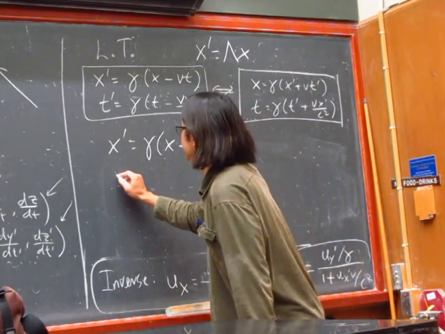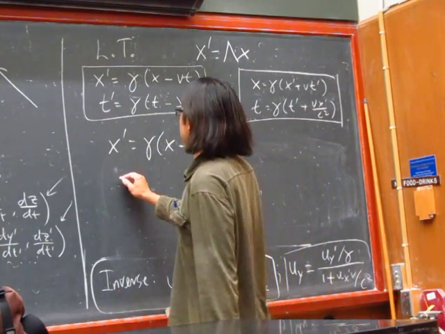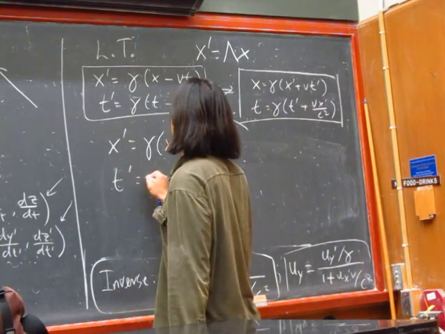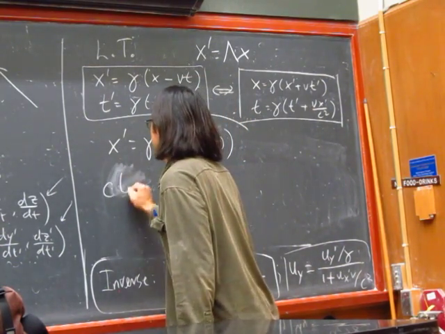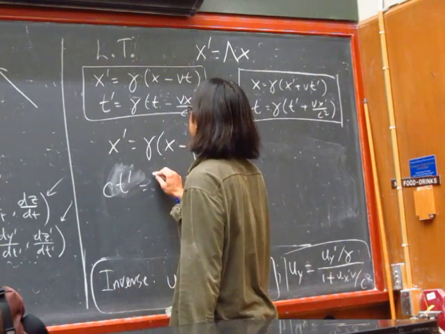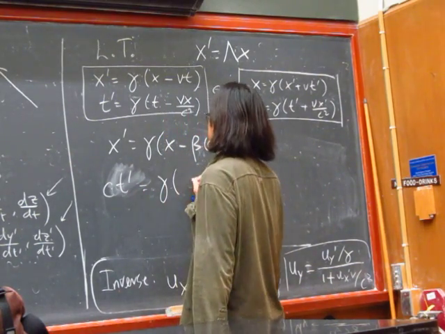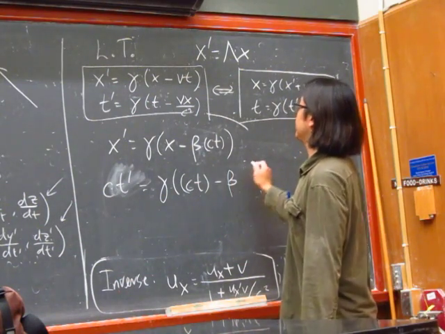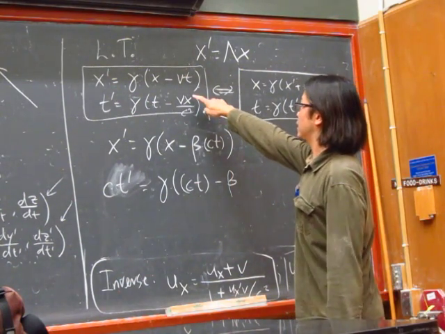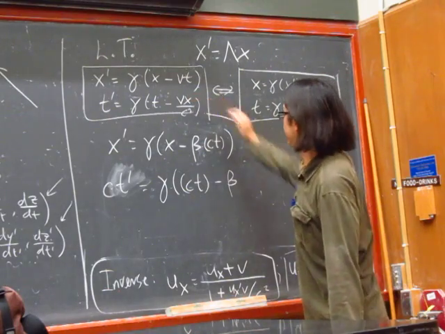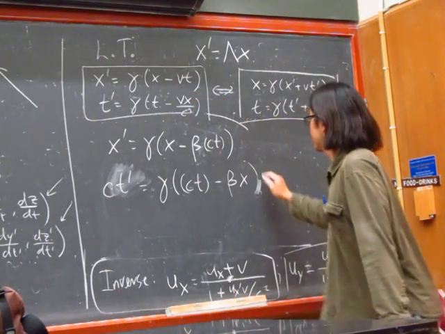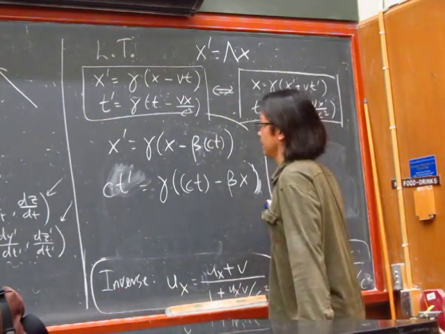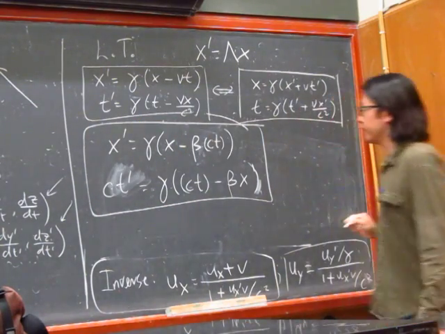And then ct prime is gamma (ct minus beta x), right?